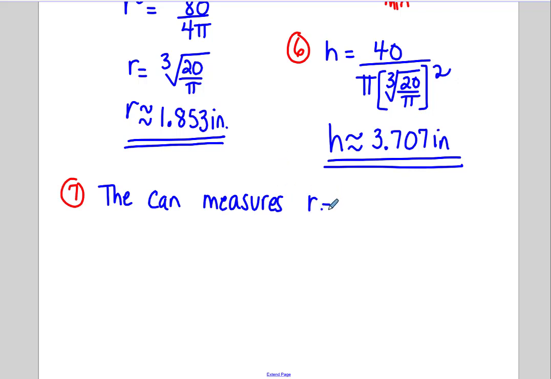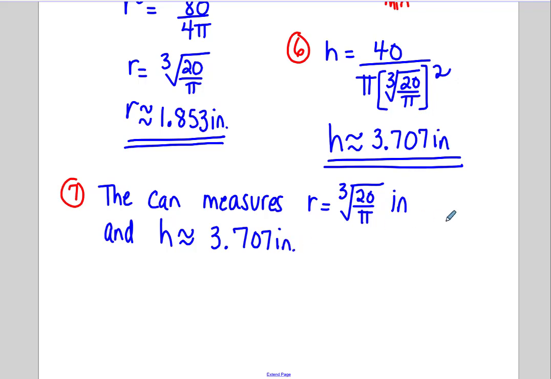So I'm going to give the exact, the radius measures the cube root of 20 divided by pi inches, and the height is about 3.707 inches. And this was about 1.853 inches. So we've given them both situations.